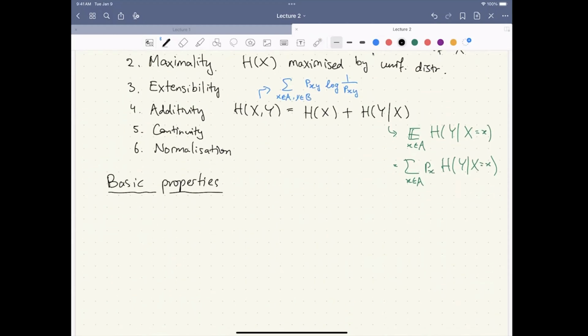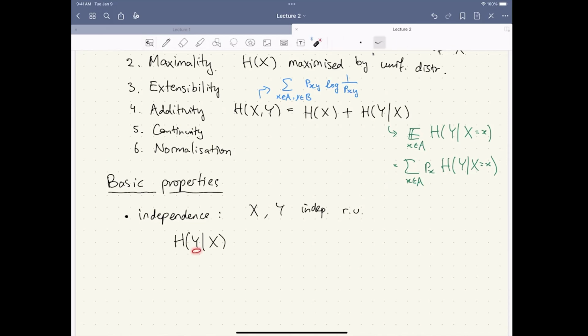The first basic property is the independence. The independence says that if two random variables are independent of each other, they have nothing to do with each other, then the set of information we get from them are also disjoint. So X, Y are independent random variables. Then what is this conditional entropy?